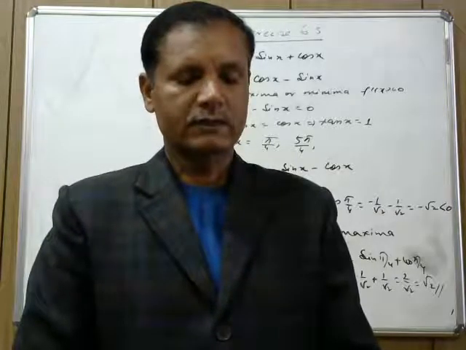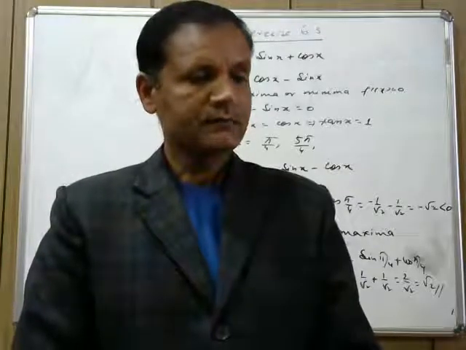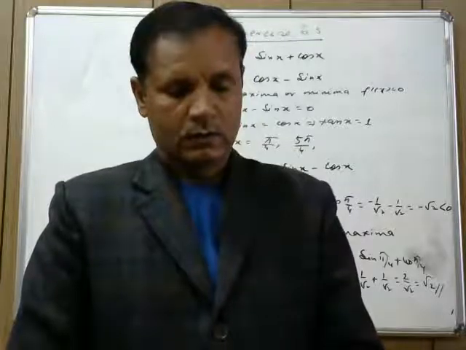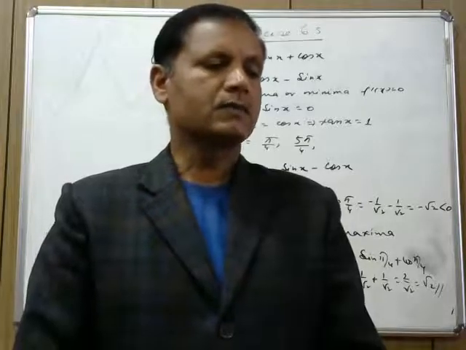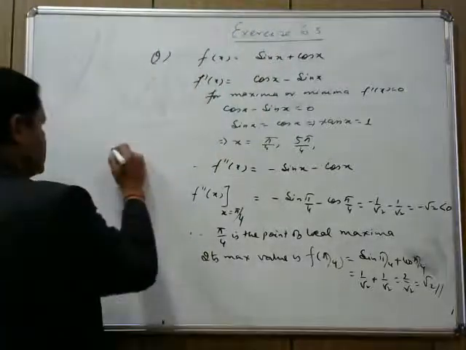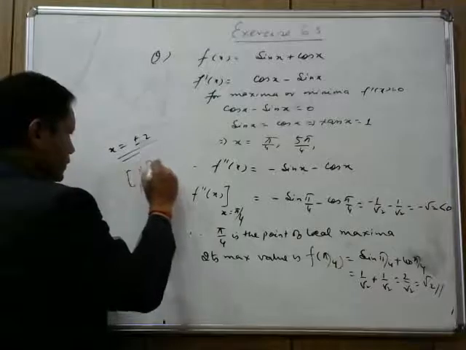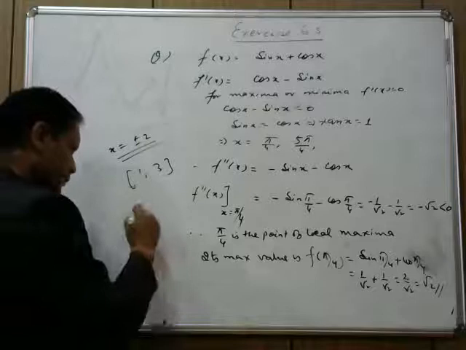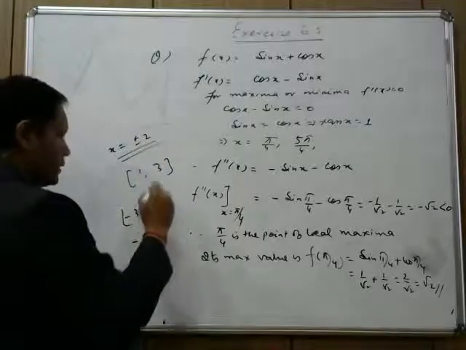When you differentiate the given function f of x is equal to 2x cube minus 24x plus 107, we will find that f dash of x is equal to 6 times x square minus 4. That means the value of x you will get is plus minus 2. When the interval is given 1 to 3, I will use the positive 2, and when the interval is given minus 3 to minus 1, I will use minus 2.